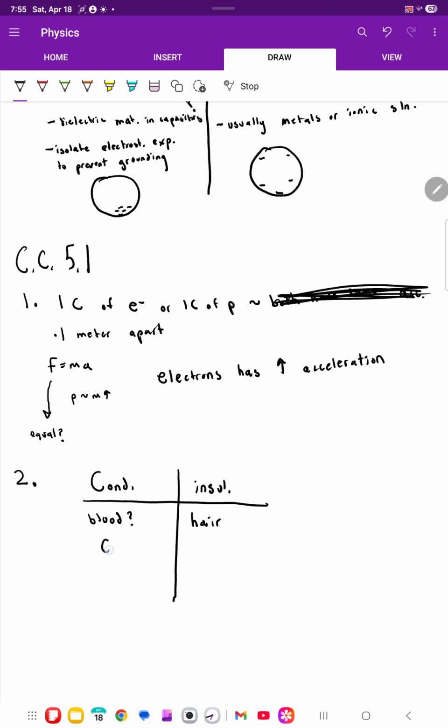Copper is a conductor. Glass is an insulator. Iron is a conductor. Sulfuric acid is a conductor. And distilled water is an insulator, I think.